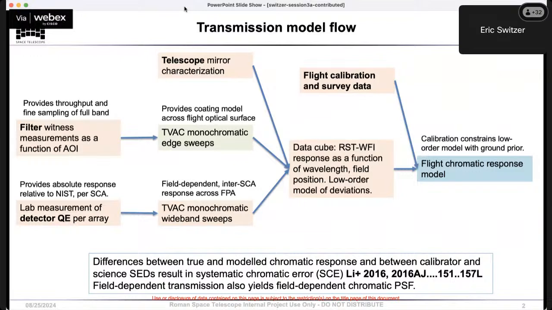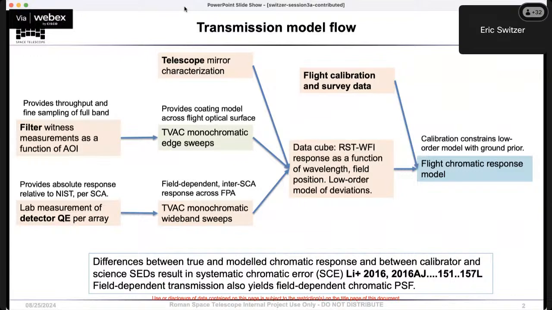system level tests in thermal vacuum, or TVAC, that use a monochromatic light source. There are two varieties of the test. One sweeps over the filter edge to provide additional information about the coating model across the flight optical surfaces. And that's one area I'm going to focus on for the response here.